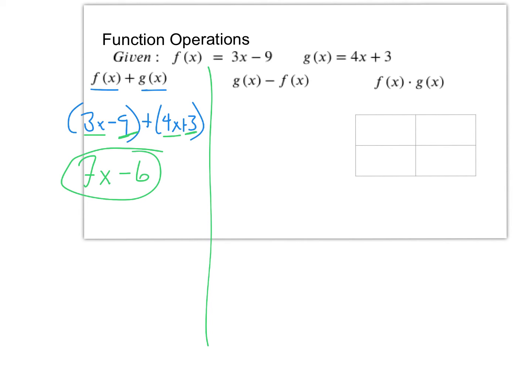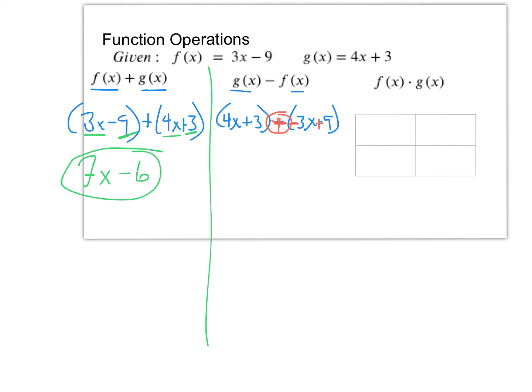Now for the next one, we're going to do g of x minus f of x. So start by substituting the equations in. So you're going to have 4x plus 3 minus f of x, which is 3x minus 9. Okay, now as we said earlier in the video, it's a minus here. We don't like that. So let's change that over to plus. And we change all the signs in the parenthesis behind it. So this becomes negative 3x.